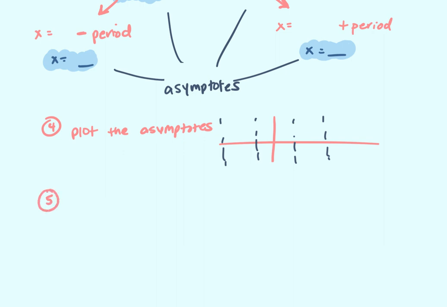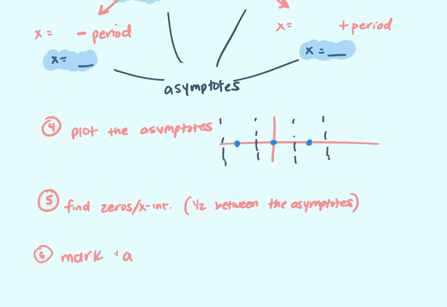We're going to find the midpoint, find the zeros or x-intercepts, which are going to be halfway between the asymptotes. You're going to mark positive and negative A on the y-axis.